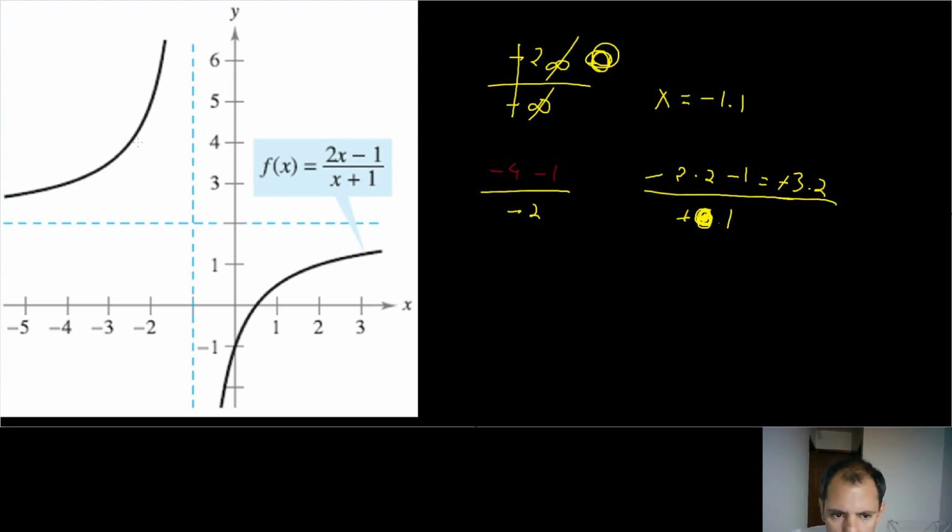So you can see that as x approaches minus 1 from the left, being negative, minus 1.1, minus 1.01, minus 1.001, but never crossing minus 1, it's going to approach infinity, and that's why it goes up there. It's going up there, and here it's approaching 2.